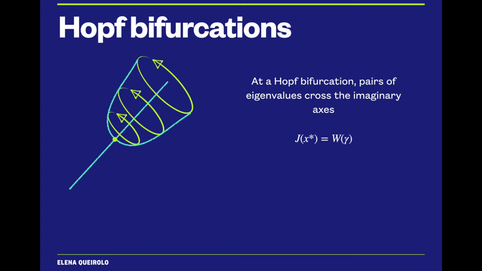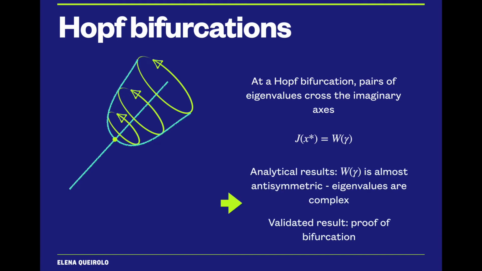Since we are allowed to look at the Jacobian of the system explicitly, we can have some intuition about what sorts of behaviors this W gamma can have. If W were exactly antisymmetric with no diagonal shift and no perturbation, then the eigenvalues would be purely imaginary.